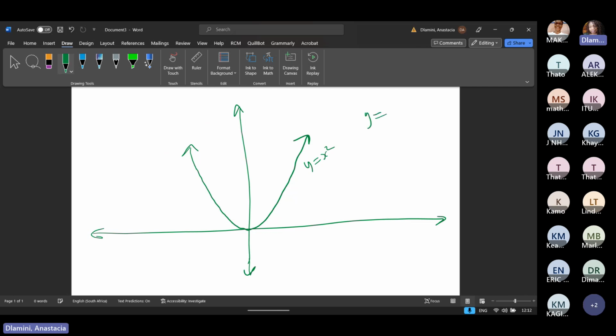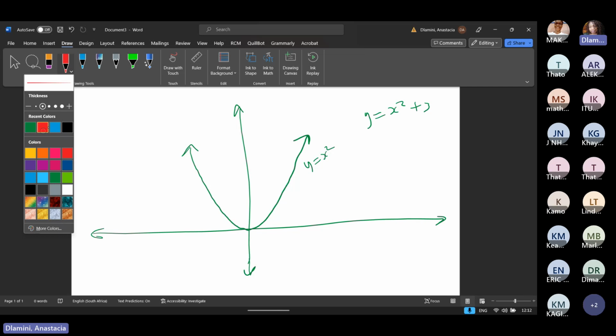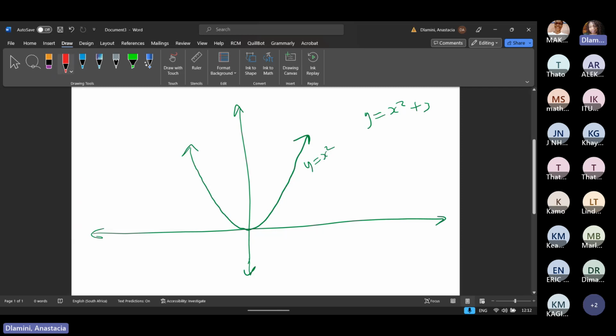Now we're looking at y is equal to x squared plus 3. So basically they are saying that you are shifting vertically upwards. Every point in the graph will shift vertically upward. Like this point over here will move from 0 and go to 3. This point over here, let's say this was 1, will go to 4. Does it make sense?